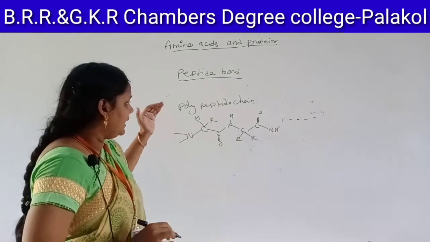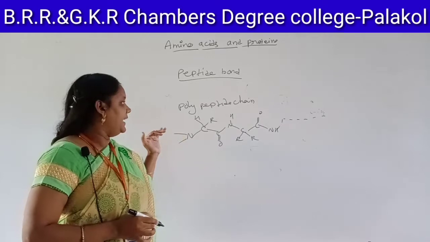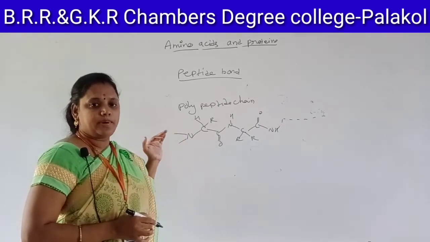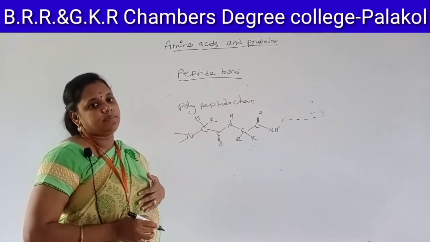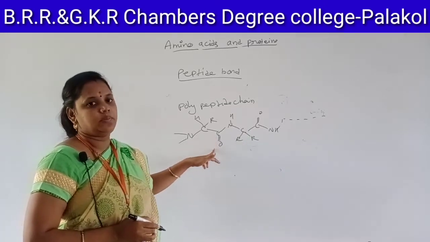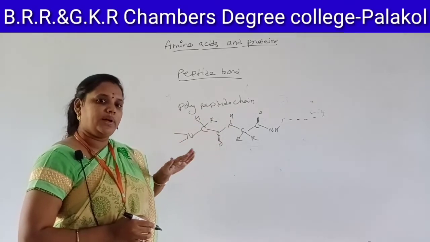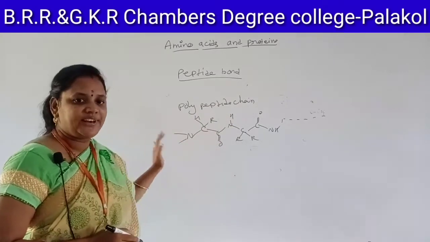X-ray studies of a polypeptide chain give us the information that in the peptide bond, the C double bond O, N, and the hydrogens around them are in one plane and the molecule is flat.